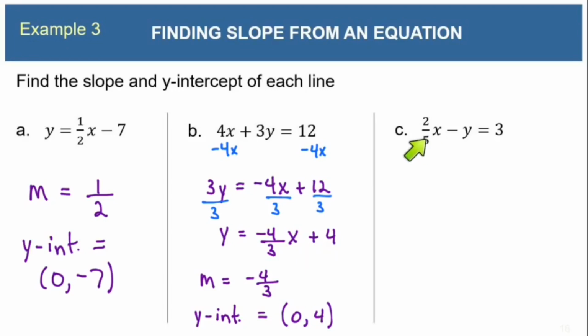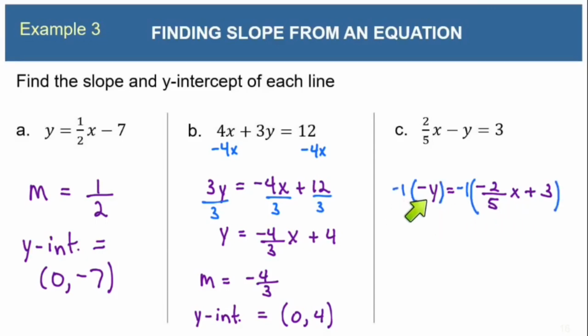Okay, part C, here we have 2/5 x minus y equals 3. And again, I've got to isolate the y, and I want to make sure that it's positive before I can see the slope and the y-intercept. So I'm going to start by moving the x term to the right side. Of course, that's going to make it become negative. And now I need this coefficient to be positive 1, not negative 1. So what I'm going to do is multiply both sides by negative 1.